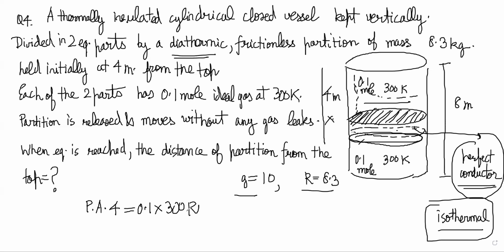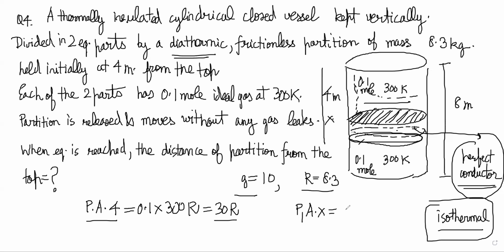So 30R was equal to this. But for the same gas now, it is P1, the new pressure, into area into X, is equal to again 0.1 into 300 R, so 30R, because we are saying isothermal.